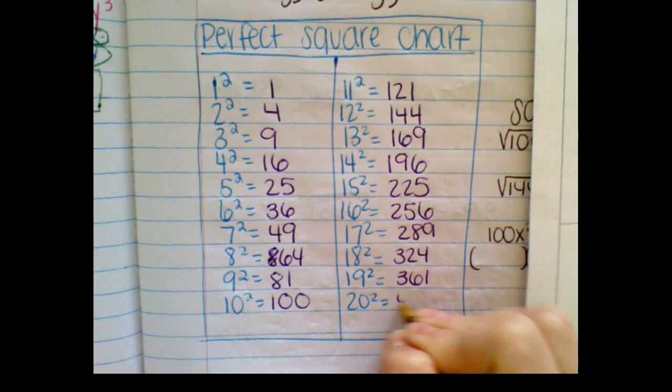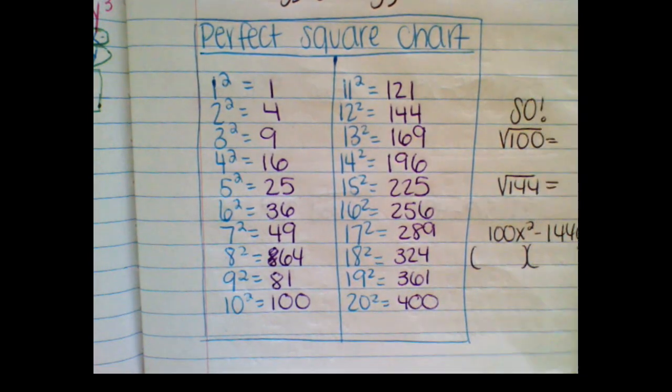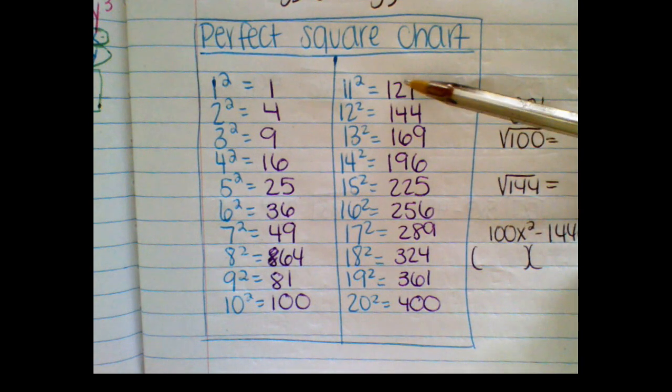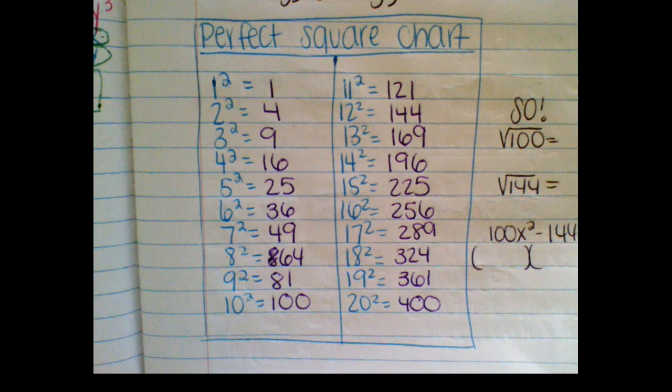And 20 times 20 is 400. Realistically, a square higher than 400 is going to be very obscure in the problems you will be doing.